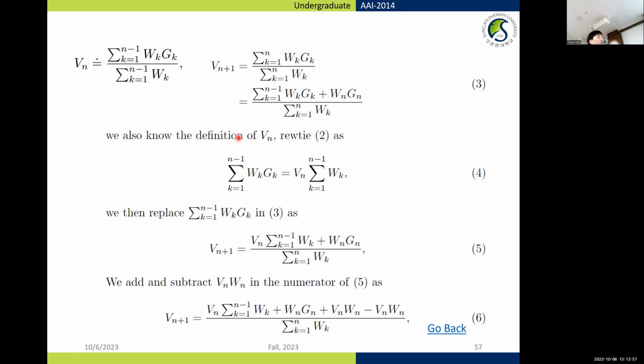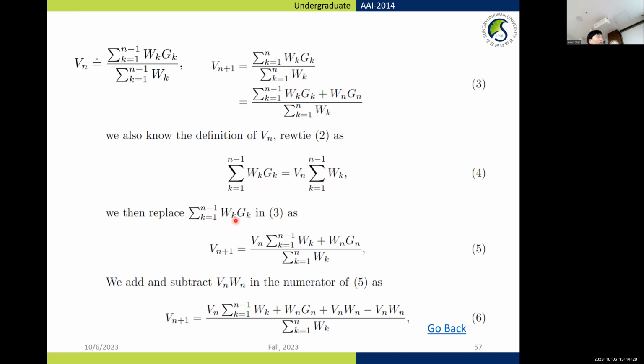Now look at this form. We can rewrite this definition by moving the denominator to the left side. So it becomes Vn times the sum of Wk equals the other side, the sum of Wk Gk. This part is equal to this part, so we put this right-hand side in place of this location.